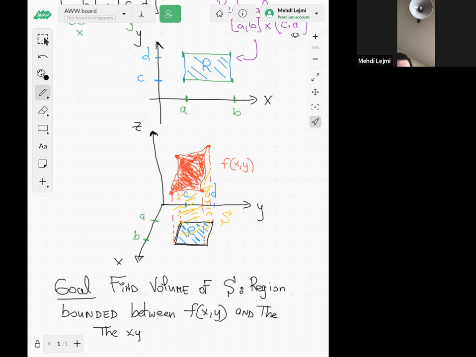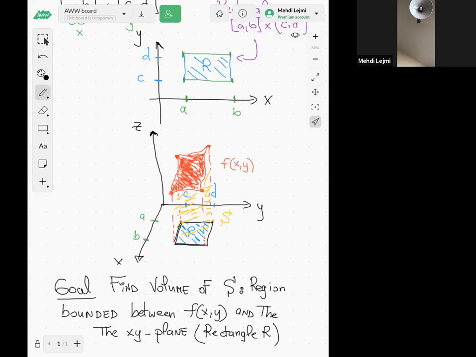What I mean by the xy plane is just the rectangle R, the blue rectangle. All right. So the idea again is the same.